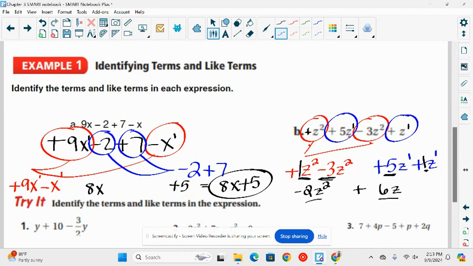No. Why? Because they don't have the same exponents. This is an exponent of 2 and this is an exponent of 1. And is that the same? No. So can we put it together? No. So this is as simplified as it can go.